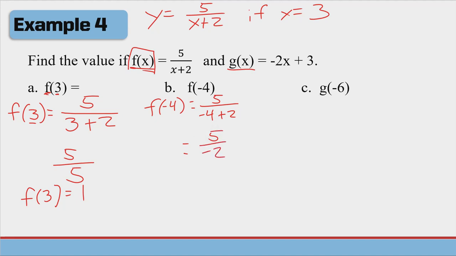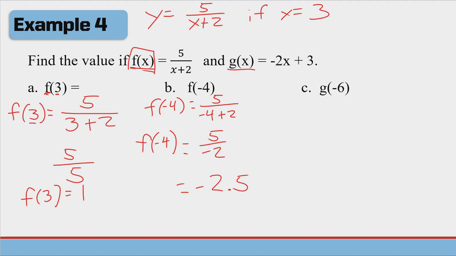Right, I could leave that as a fraction, f of -4 equals 5 over -2, or -5/2. I could put that into the calculator if I needed to. Right, I would get -2.5.